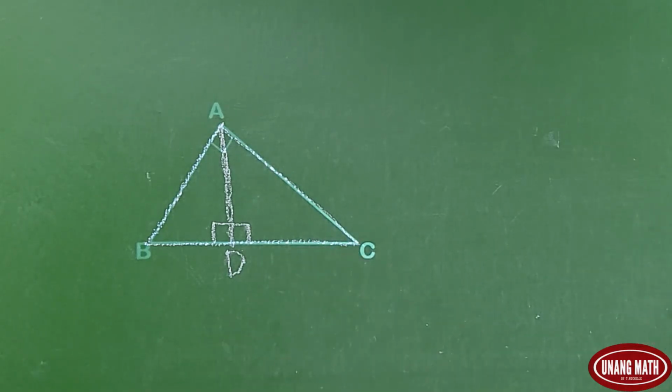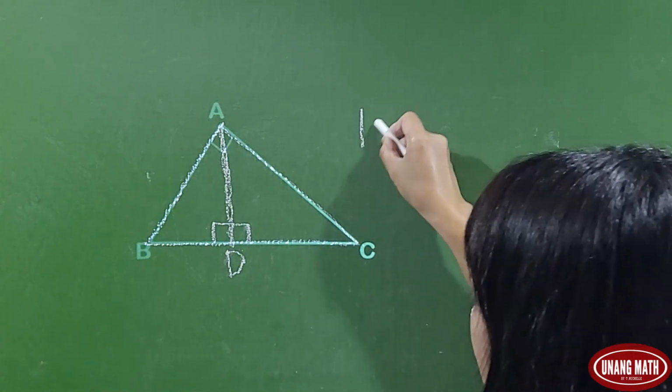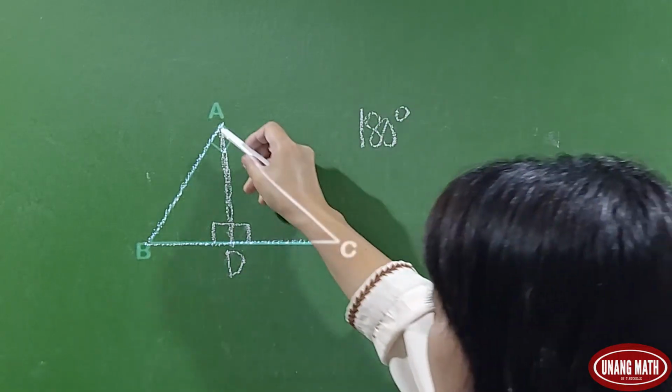These 3 right triangles have a relationship. They are similar figures. Let's prove that these are similar figures. We already know that the total angle measure of any triangle is 180 degrees.